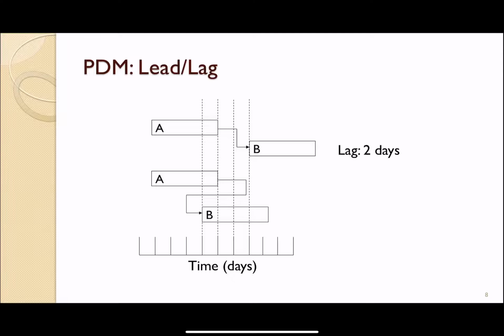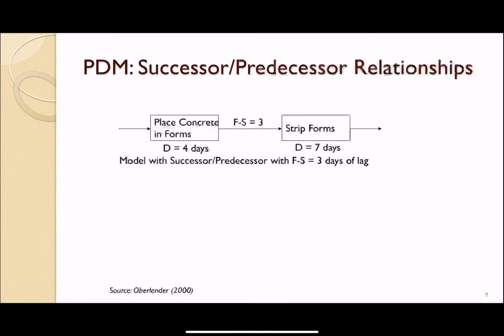In this case, just like the architectural design and then engineering design example that I showed a few minutes earlier, B can start 1 day before A finishes. Then we say it leads 1 day or lags negative 1 day. So that is basically what we are talking about.